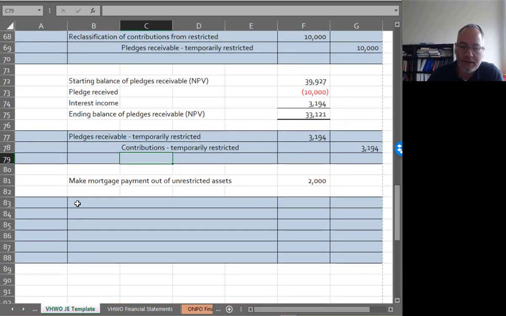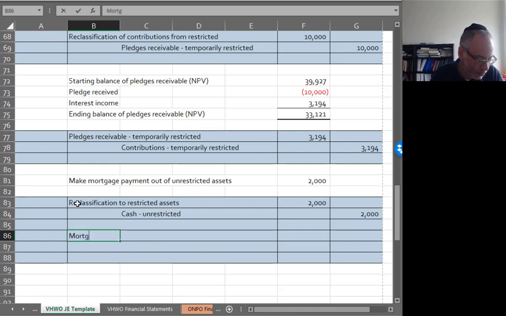Now we make a mortgage payment out of unrestricted assets. So for some reason, mortgage payable is in restricted assets. Here we go. Reclassification to restricted assets of $2,000, and then credit cash unrestricted of $2,000.